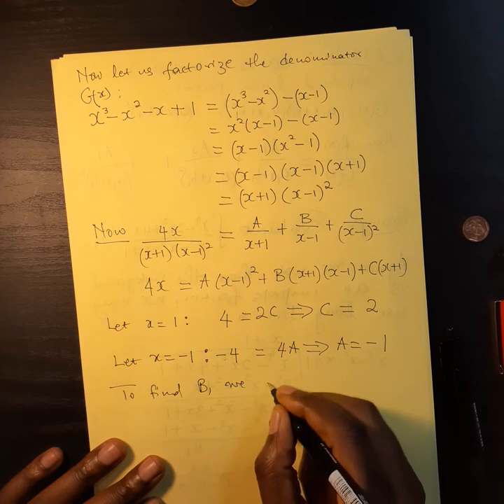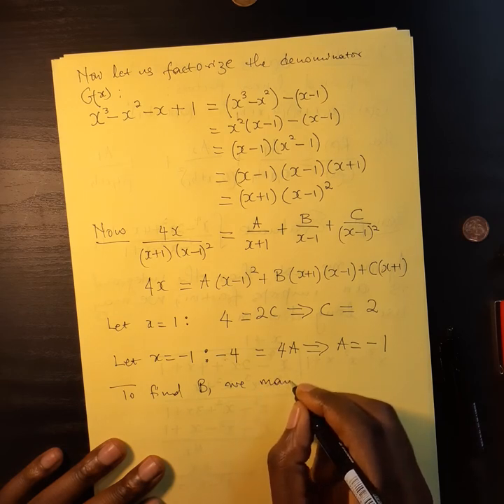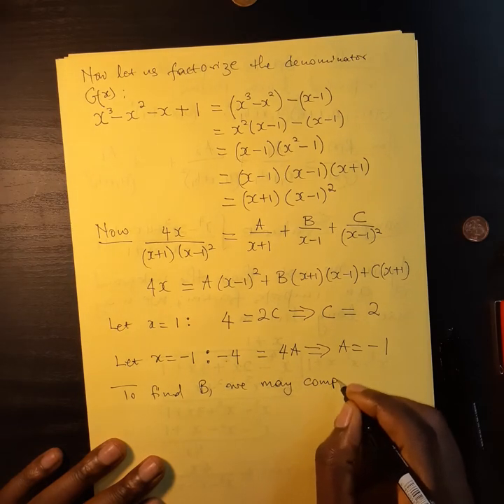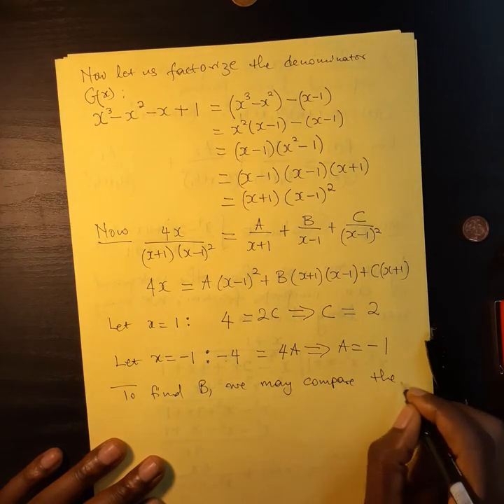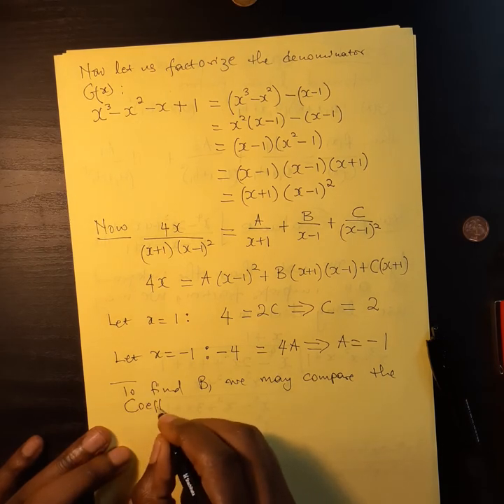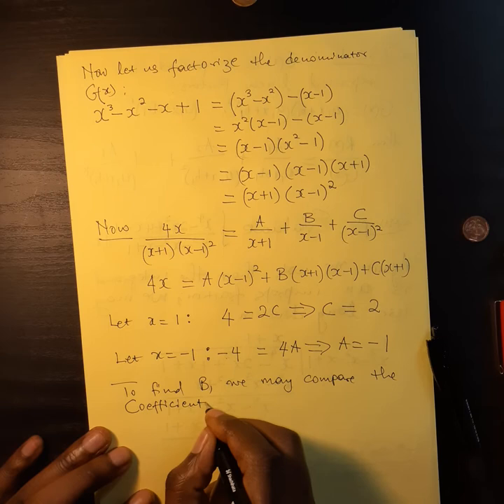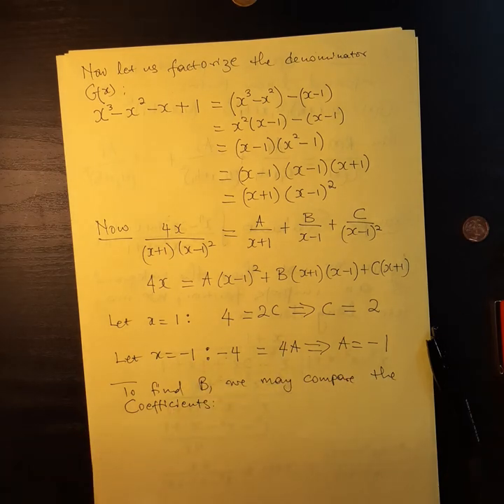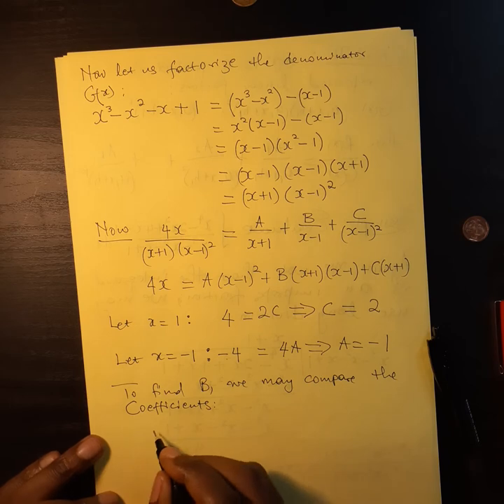So to find b, we may compare the coefficients. You don't have to multiply this out. You just look at it. By inspection, it's still fine. You compare the coefficients. Say for argument's sake, we choose to check what is the coefficient of x squared.